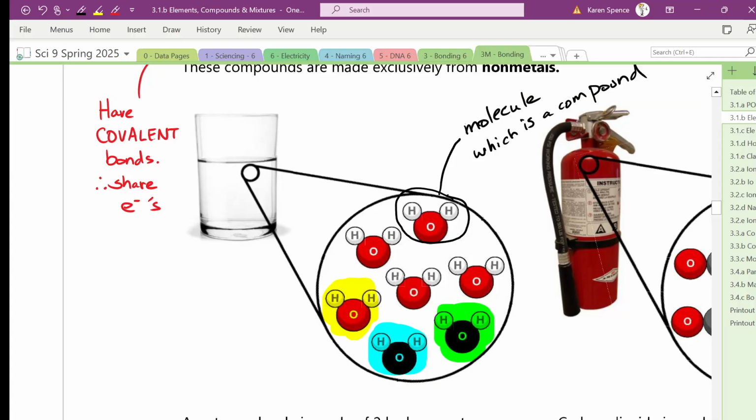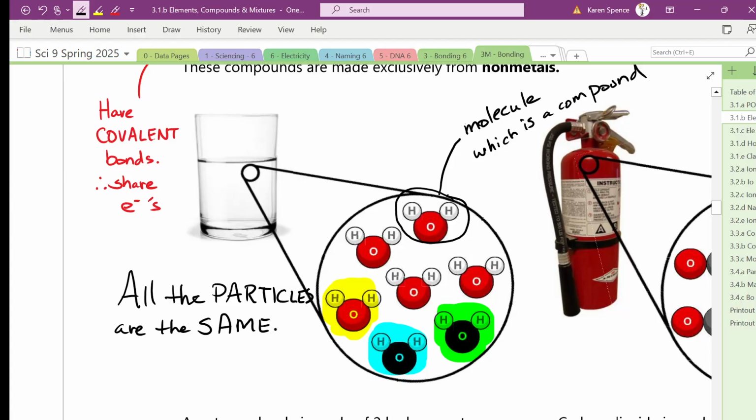Particle, particle, particle. Are they the same or are they different? They're all the same. All the particles are the same.